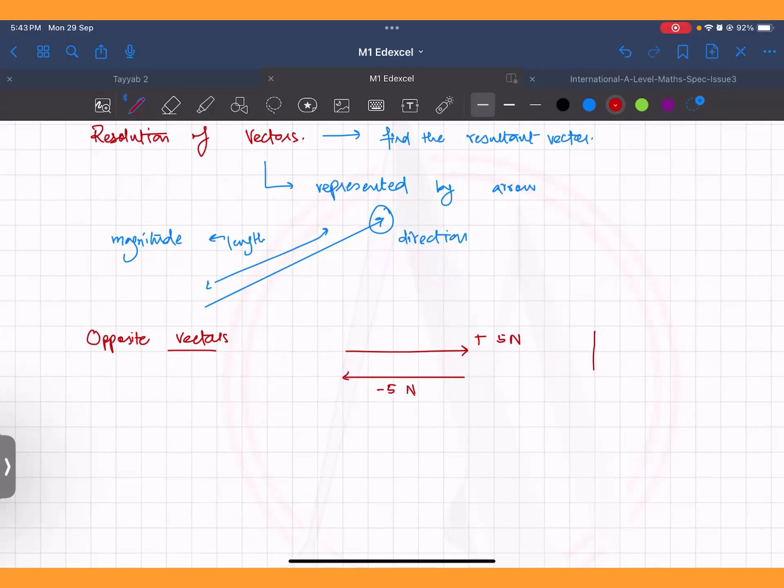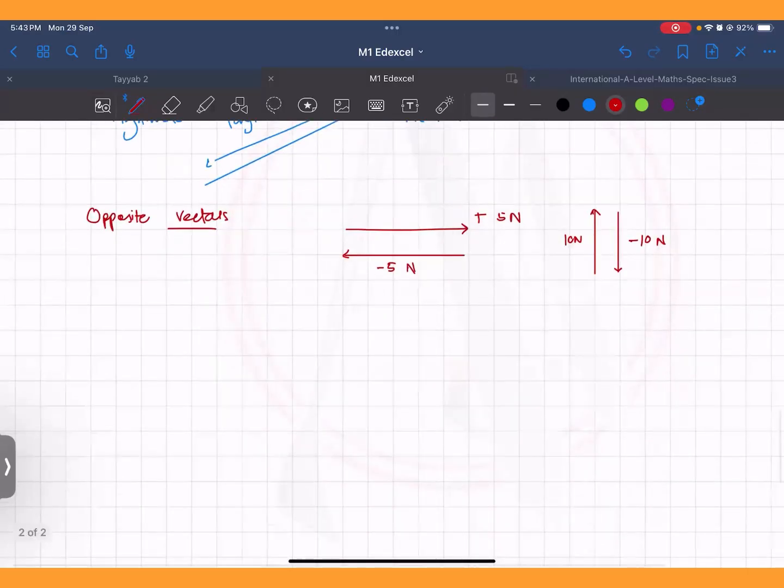Similarly, if this is upwards 10 Newton, this would be downward 10. So if the forces are exactly opposite to each other, the amplitude looks the same, but because the direction is exactly opposite, you will now put the minus sign.